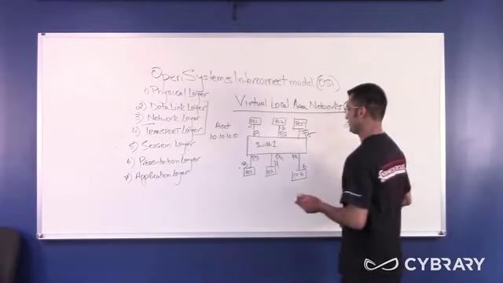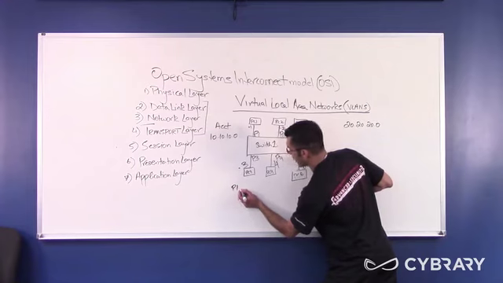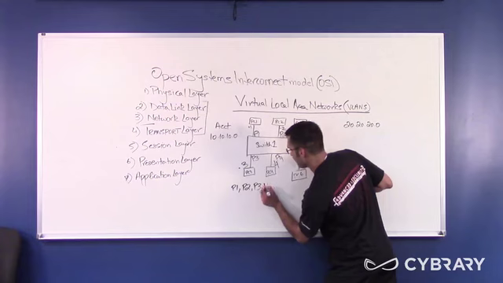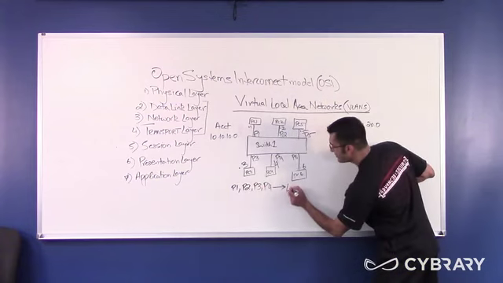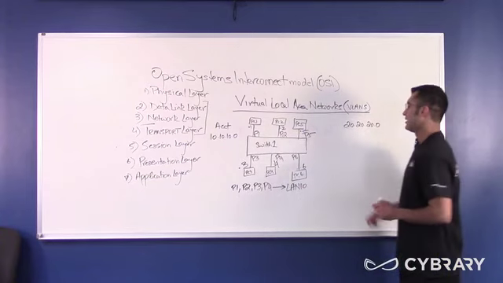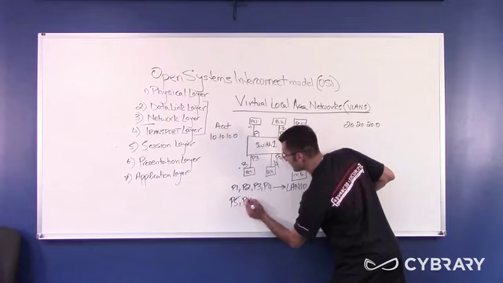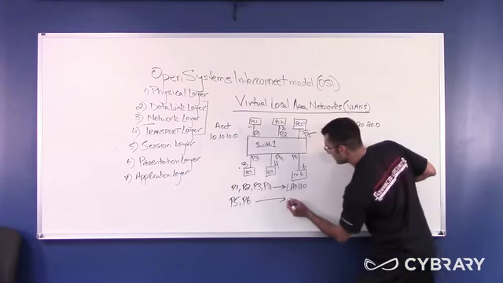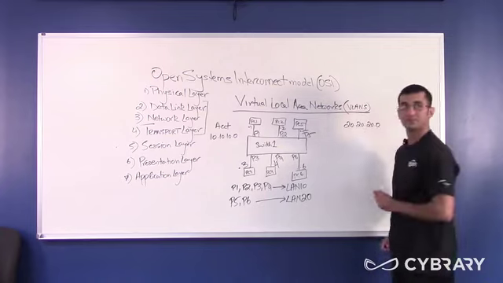where I tell the switch that port 1, port 2, port 3, and port 4 belong to LAN number 10. And port 5 and port 6 belong to LAN 20.